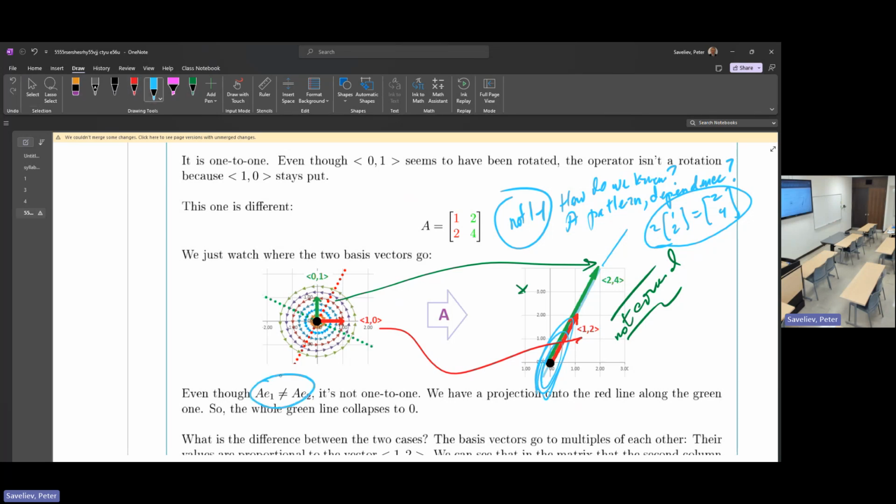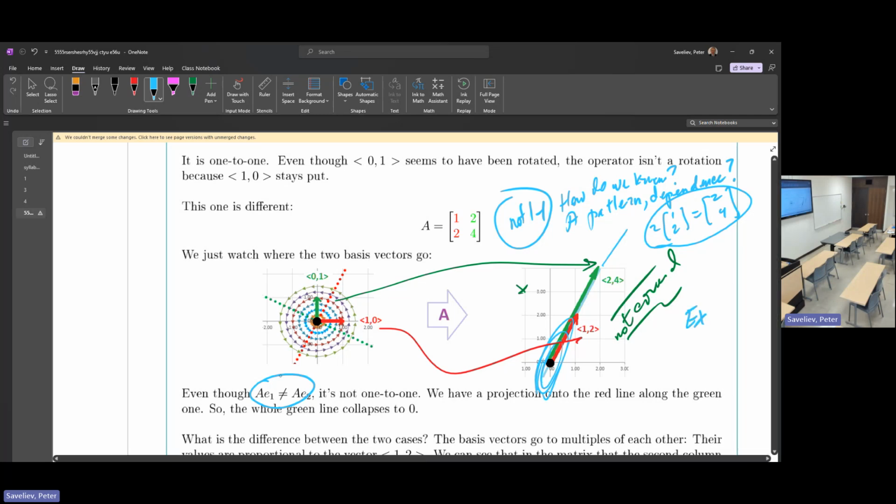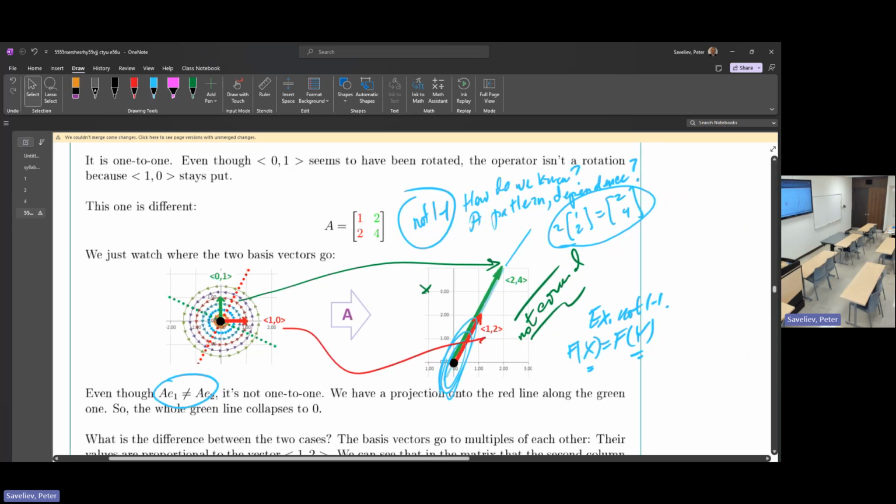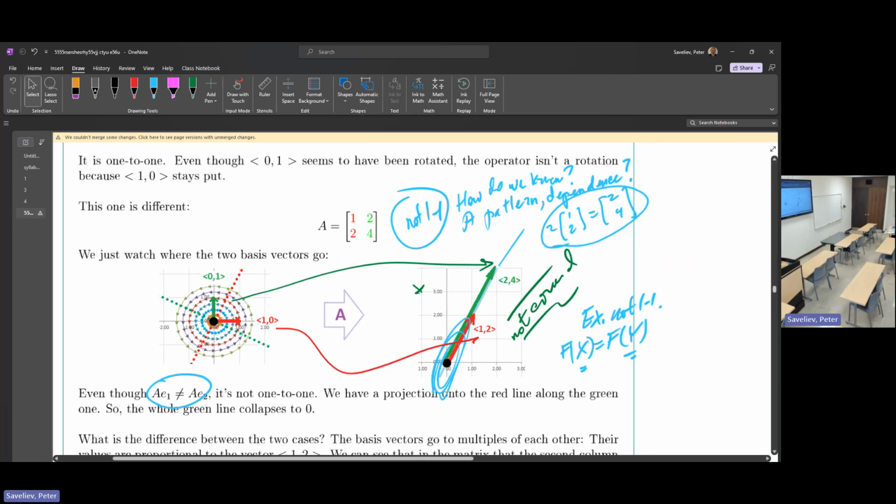So even though the two basis vectors do not come together, nonetheless, we can point out a vector that goes towards 0, or two vectors that go to the same place. So an example that it's not one-to-one. Okay, so we need f of x equal to f of y. We need two specific examples from the examination of the picture or the algebra. Let's do the algebra that indicates that two vectors come together.